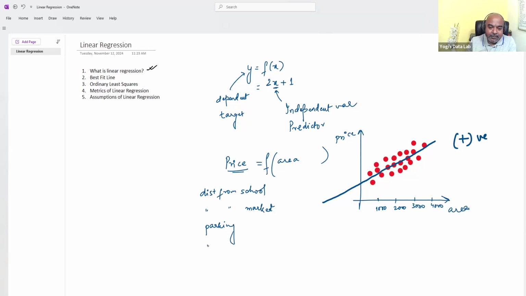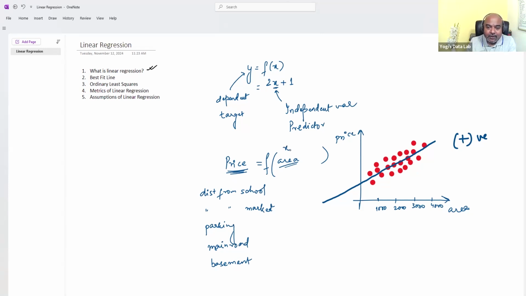Is it by the main road or not? Does it have a basement or not? So there can be multiple things which could be contributing towards the price. So I cannot say that Y or your price is just a function of your area. Ideally, price will be dependent on all these variables.